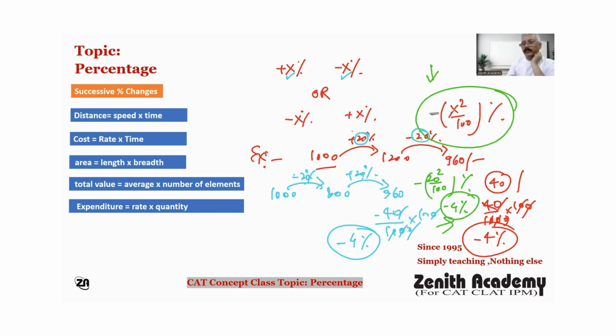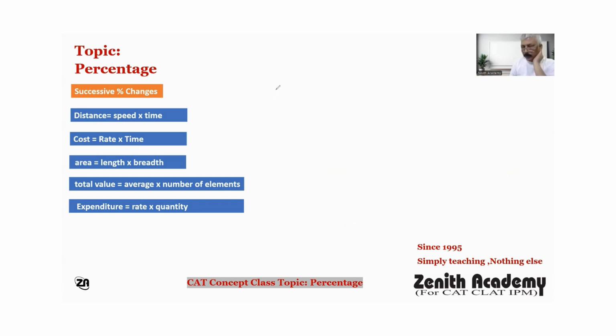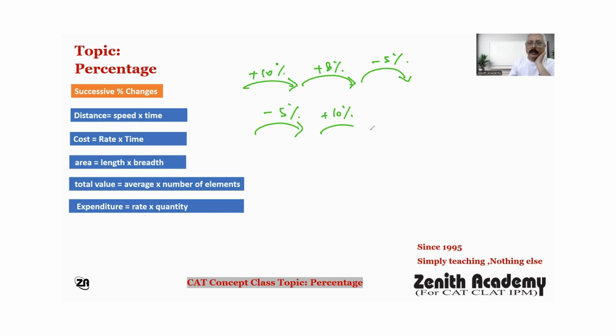One thing more, in any examples of successive changes, like plus 10%, then plus 8%, and then minus 5%, or first minus 5%, then plus 10%, and then plus 8%.